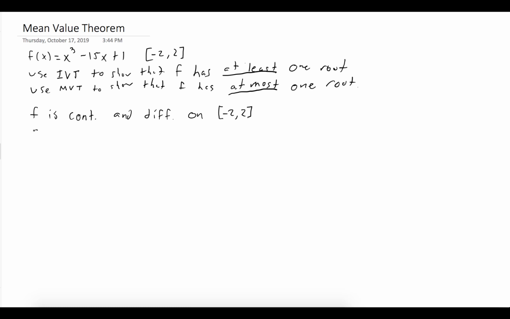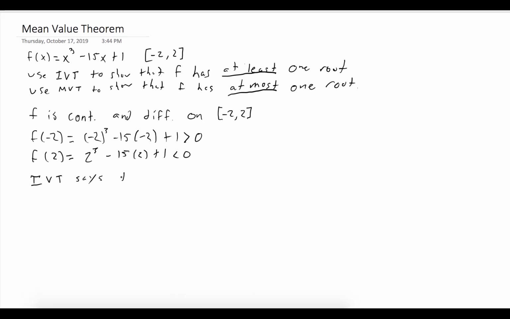So let's just try the endpoints. f of -2 is equal to -2 to the third minus 15 times -2 plus 1, which is greater than 0. And trying the other endpoint, f of 2 is equal to 2 to the third minus 15 times 2 plus 1, which is less than 0.